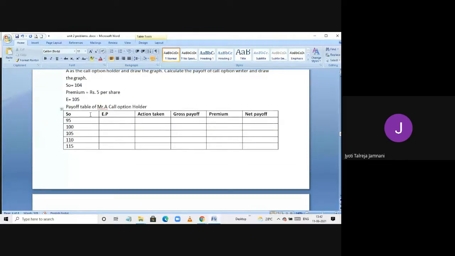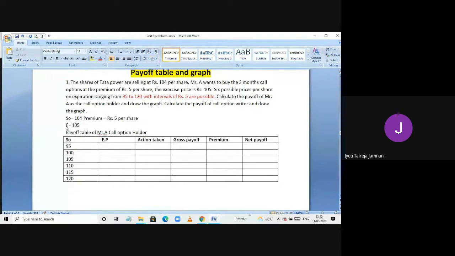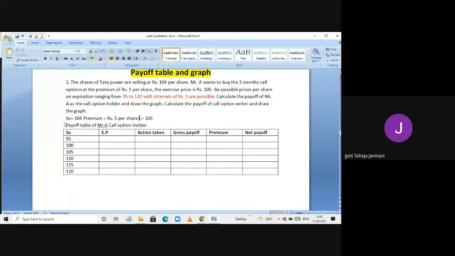Anybody having any doubts about how I got these 6 possible prices? I hope it's clear. They've clearly told that there are 6 possible prices ranging from 95 to 120 with an interval of 5. So I'm keeping a gap of 5 and taking the next price: 95, then 100, 105 and so on.